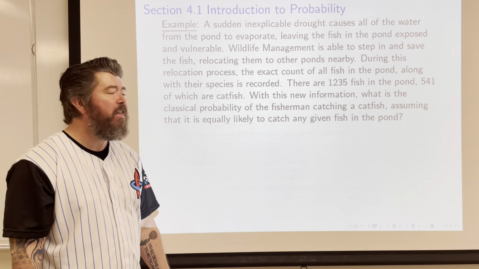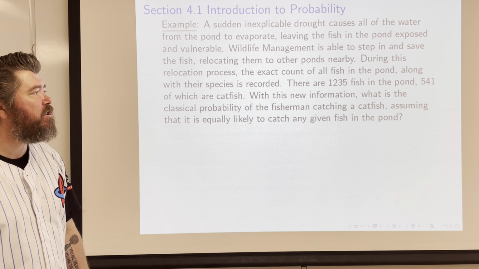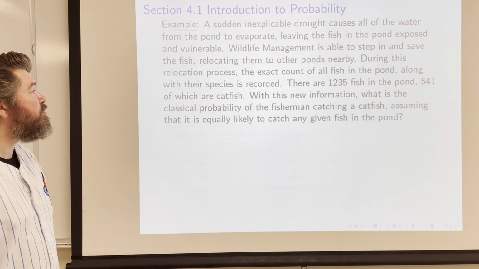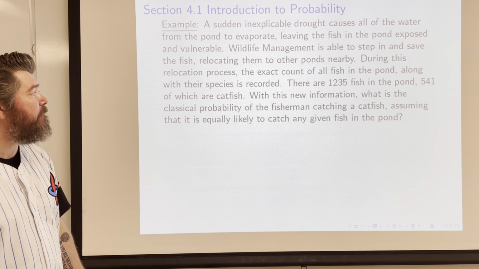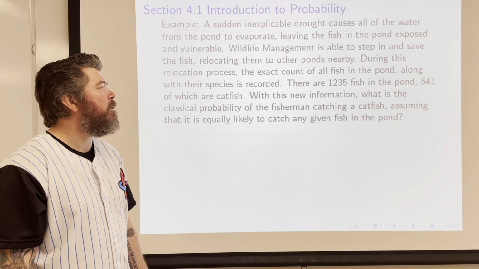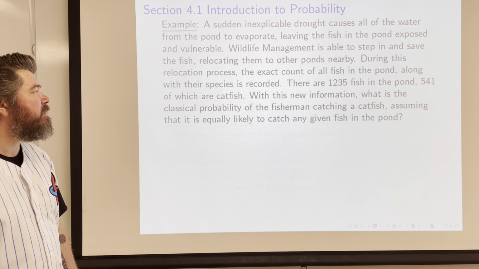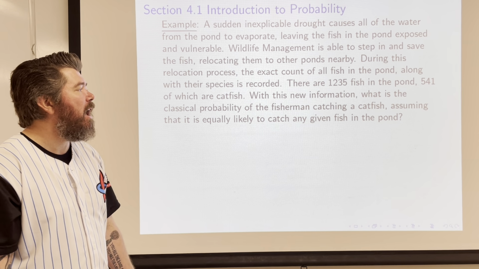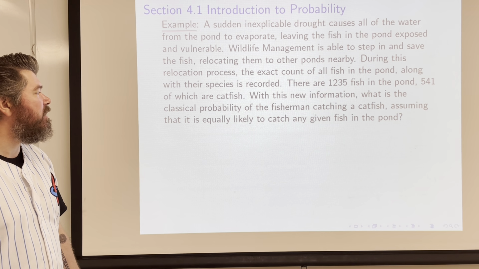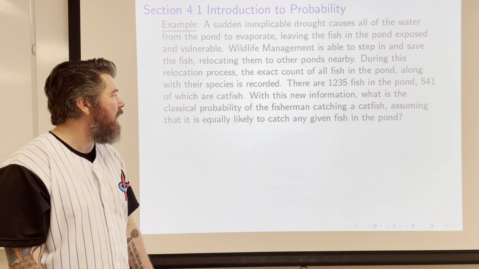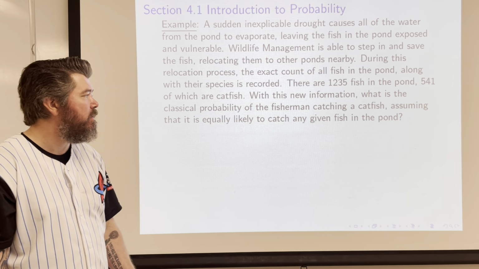There are 1,235 fish in the pond, and 541 of which are catfish. With this new information, what is the classical probability of the fisherman catching a catfish, assuming that it is equally likely to catch any given fish in the pond?